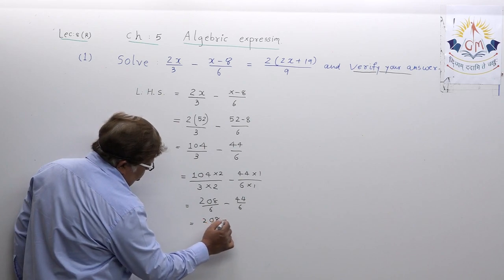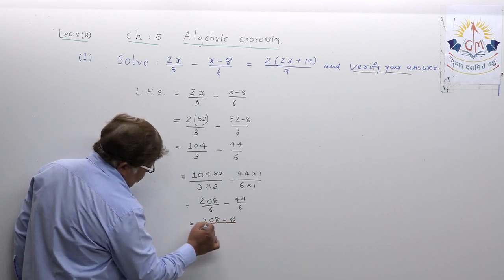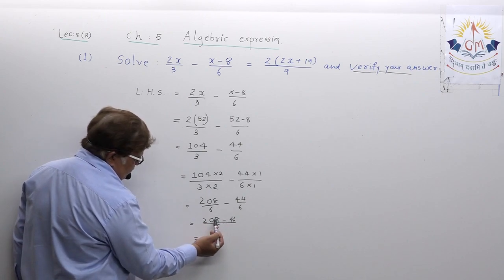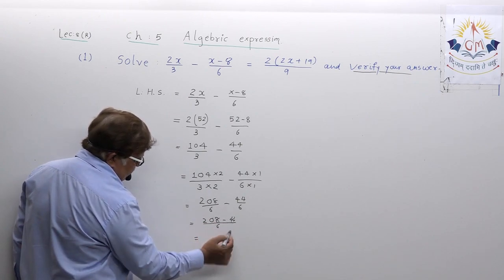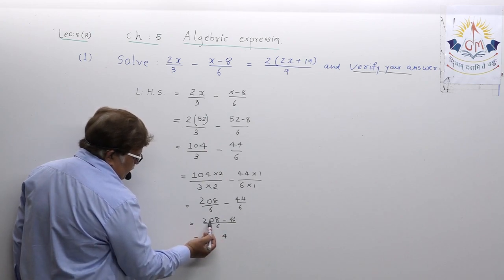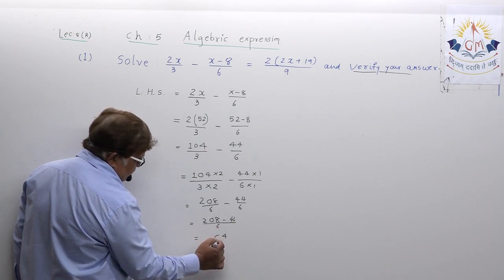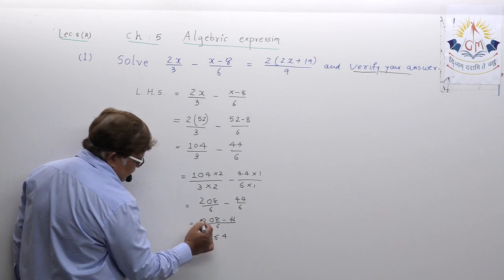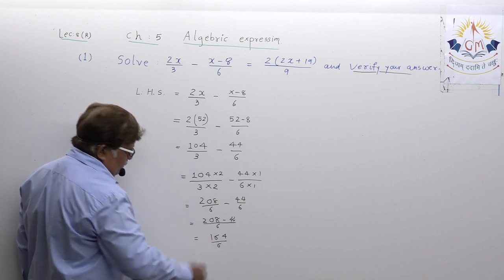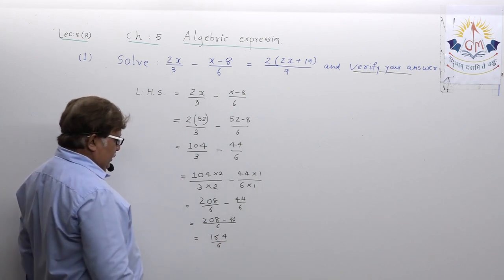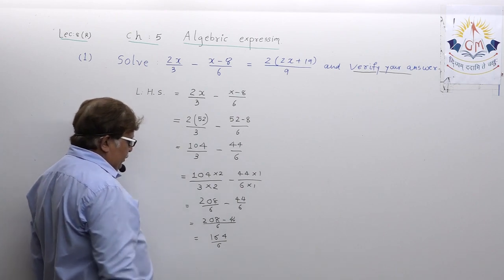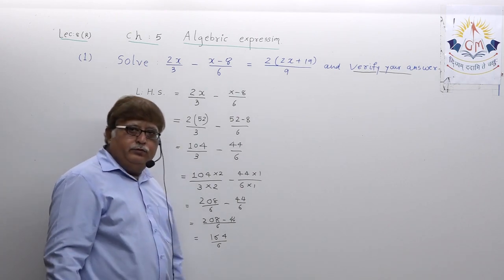So 208 minus 44 upon 6. Just subtract it. 8 minus 4, that is 4. 10 minus 4, that is 6. And here, 1. Okay. Now 164 upon 6.